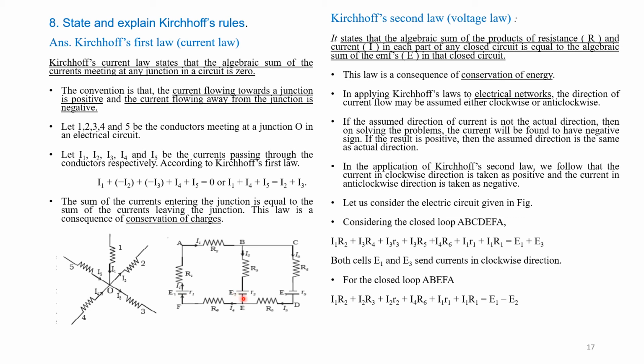Here E2 is negative because the current from E2 flows anti-clockwise, whereas from E1 it flows clockwise. The negative sign in E2 indicates that it sends current in the anti-clockwise direction. This is Kirchhoff's second law.